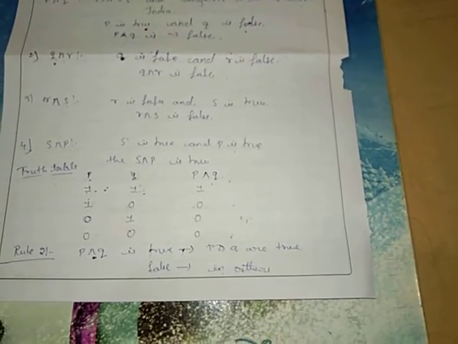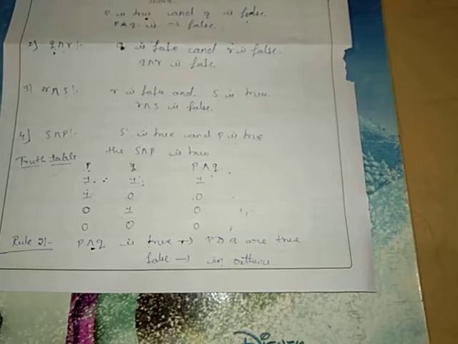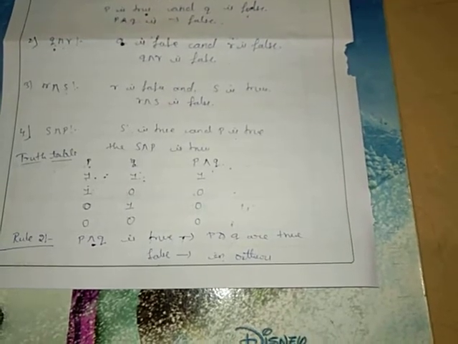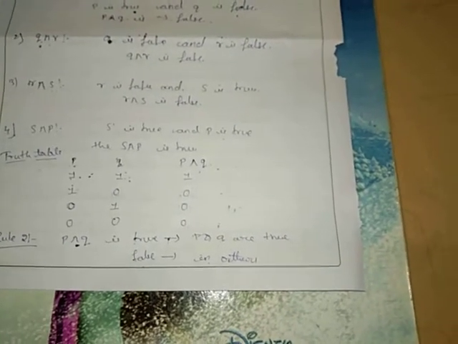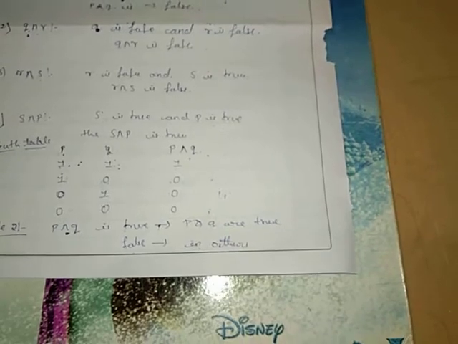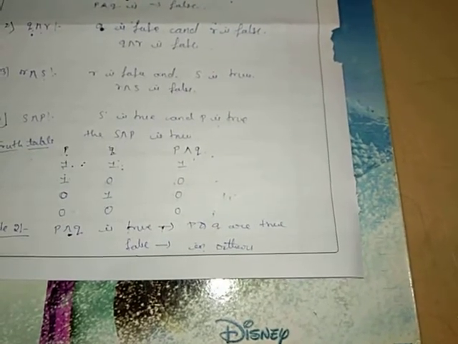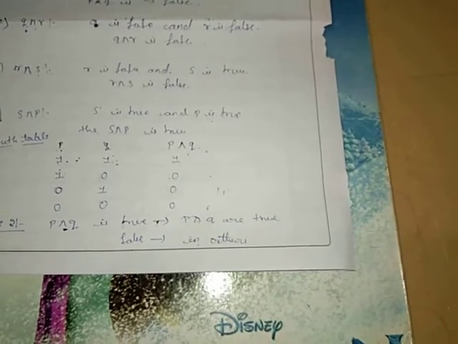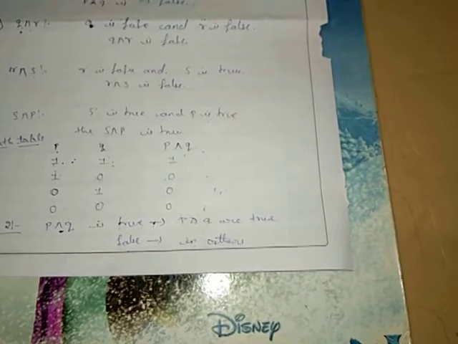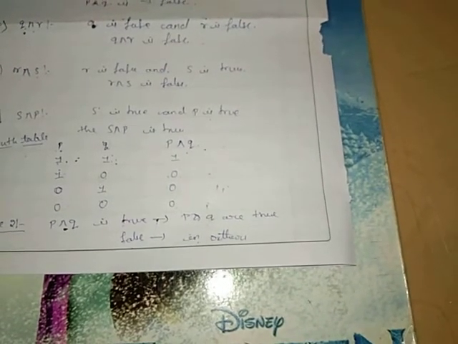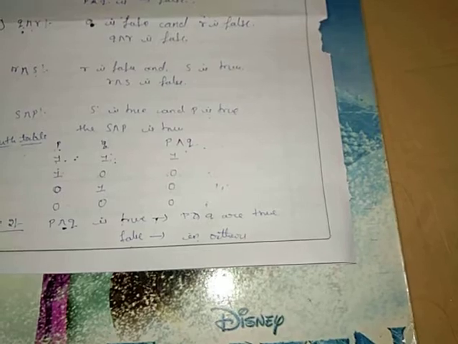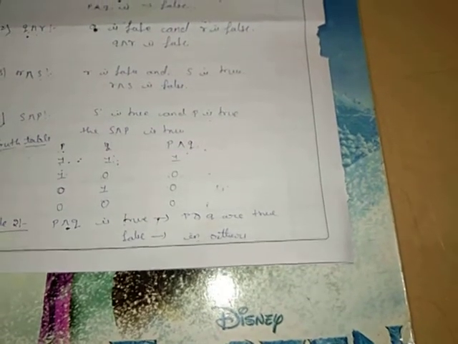A truth table is constructed to know the truth value of the compound proposition in terms of the component parts. Negation means a compound proposition obtained by adding the word "not". If P is true, then the negation of P is false. If P is false, the negation of P is true. That is rule 1.